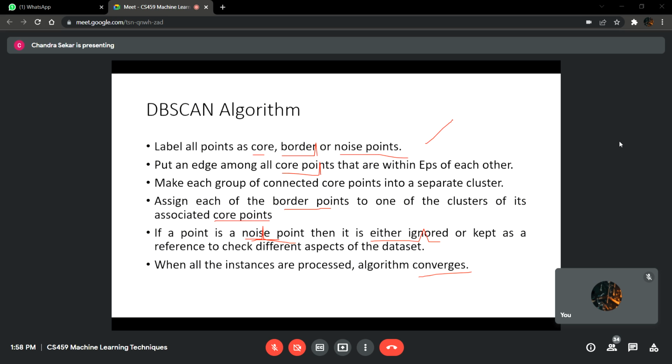So the first step is to label the data points as core, border, or noise, and then the border point dilemma has to be resolved. If border points share the neighborhood with multiple core points, it has to be decided which core point it belongs to, and then the noise points are generally ignored. So these are the three major steps involved in the DBSCAN algorithm.